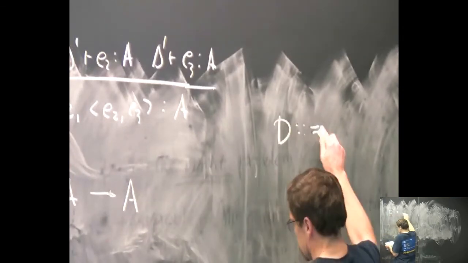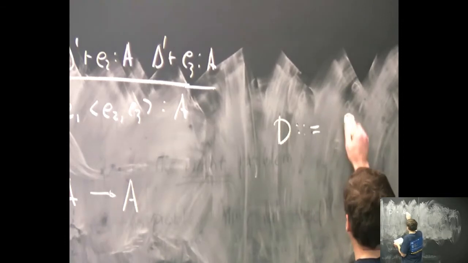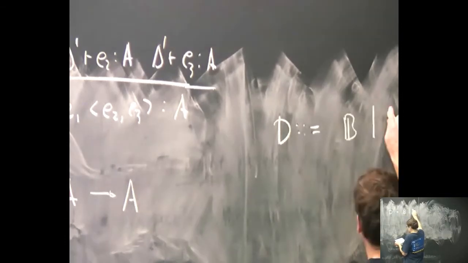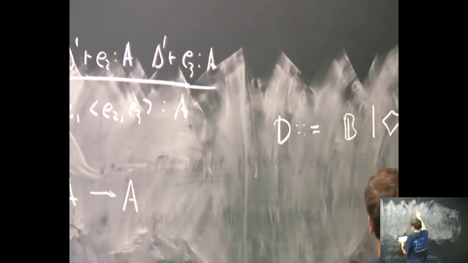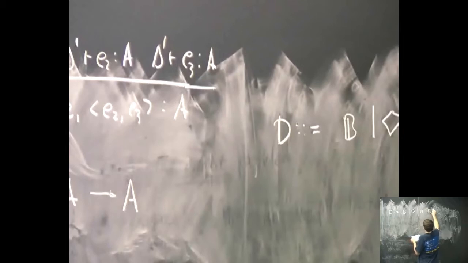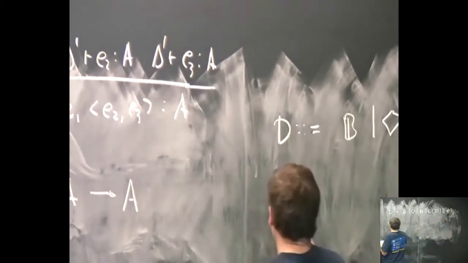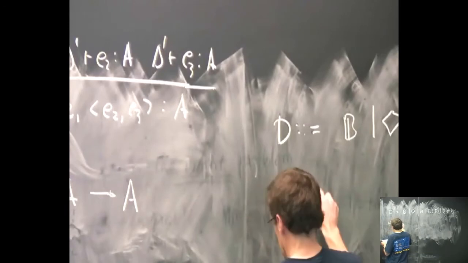D stands for data type, or something that can be duplicated. Booleans can be duplicated. I'll tell you what duplicated means, and lists with element of type D, and D1 tensor D2. So what you get is this function, dup.